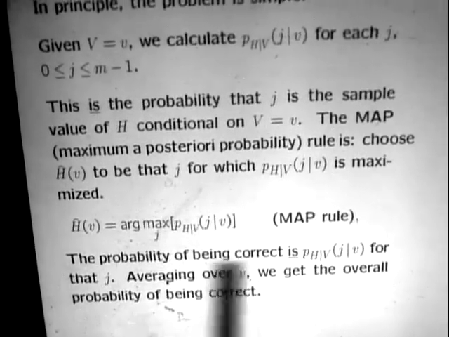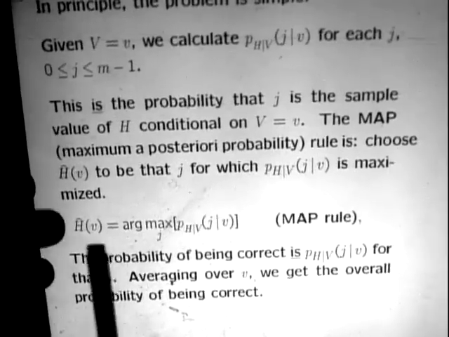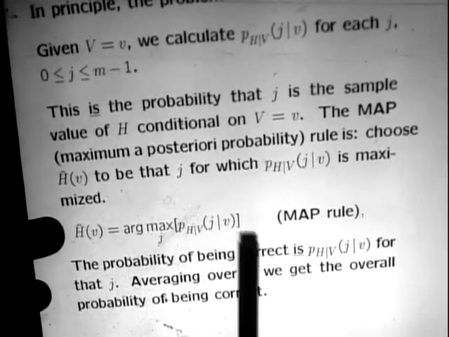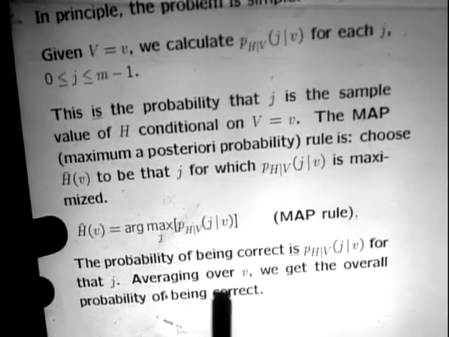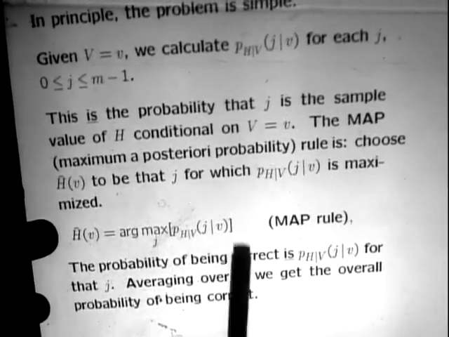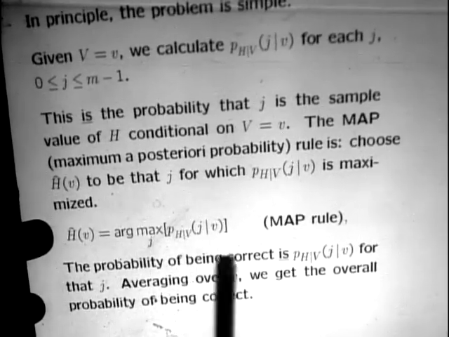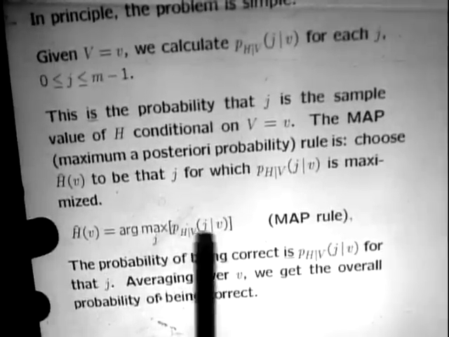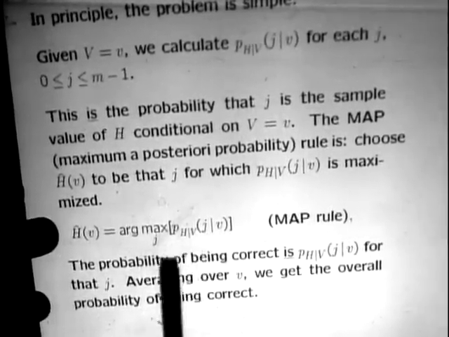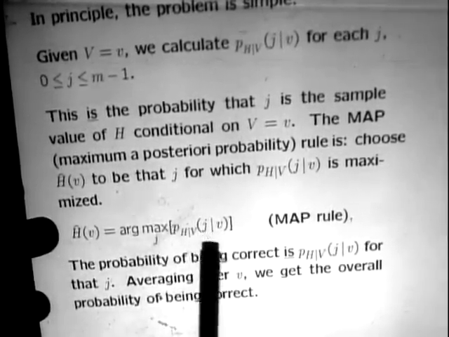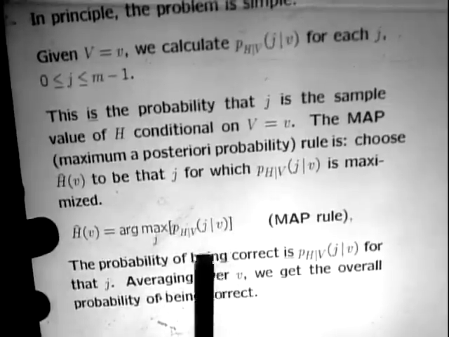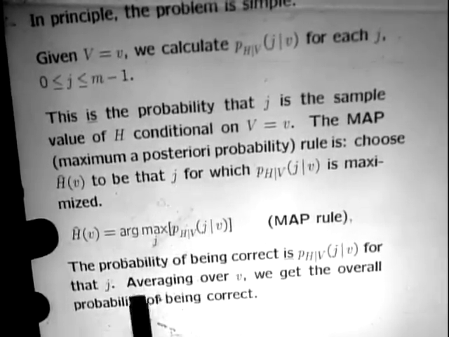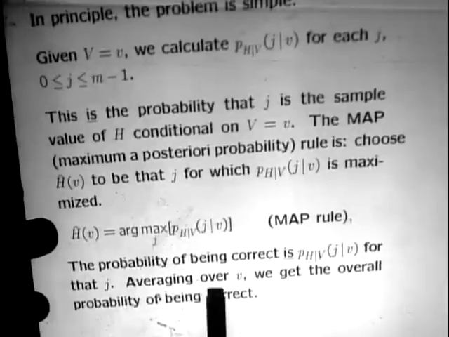Well, my MAP rule is argmax of this probability. And argmax means instead of trying to maximize this quantity over something, we're trying to find the value of J which maximizes this. In other words, we calculate this for each value of J, and then we pick the J for which this quantity is largest.